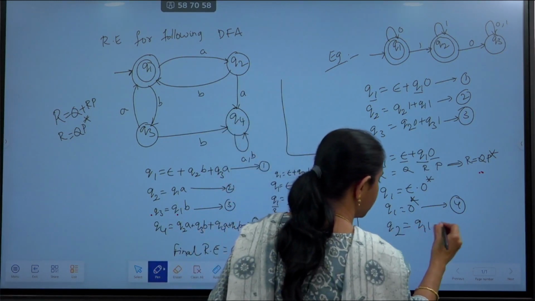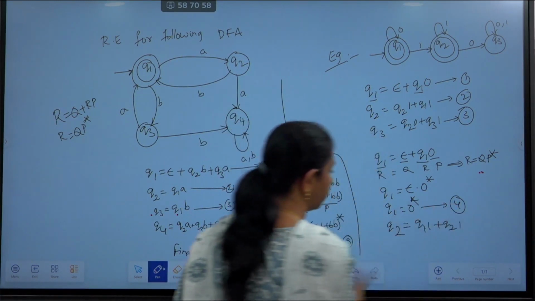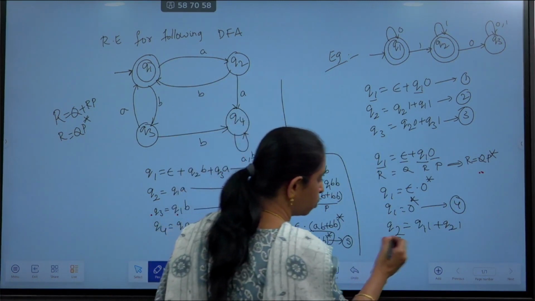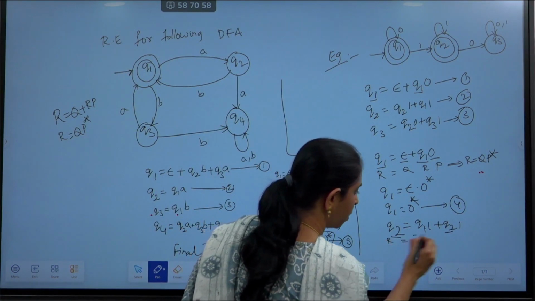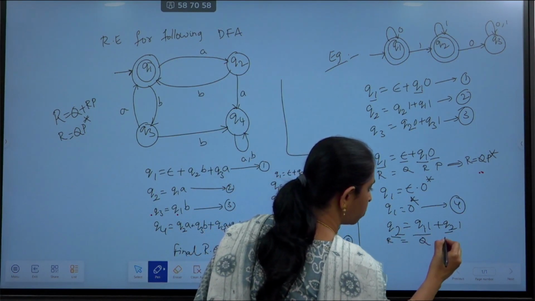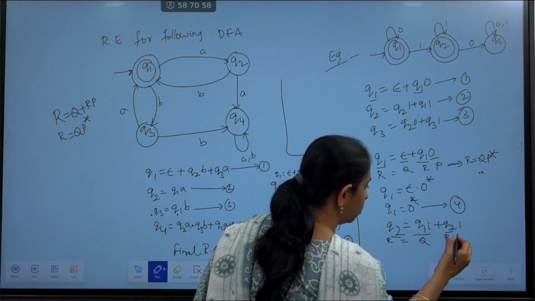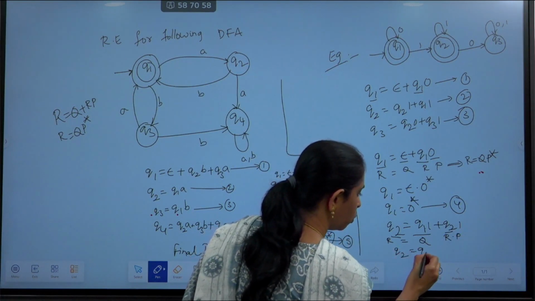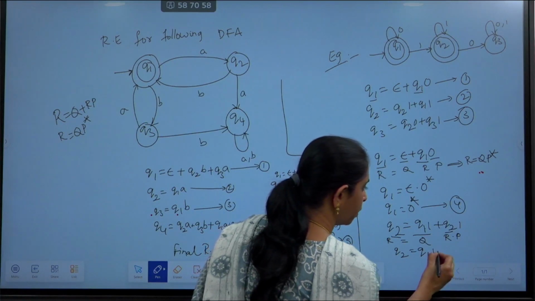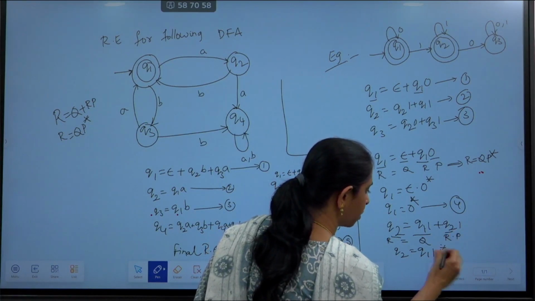Now observe, we have Q2 on both sides. Because of Arden's theorem, R equals Q plus RP, where R is Q2. That means QP star: R equals Q1 1 into P, which is 1 star.